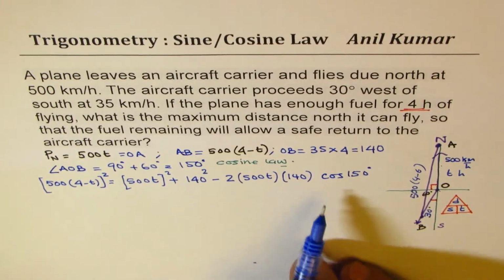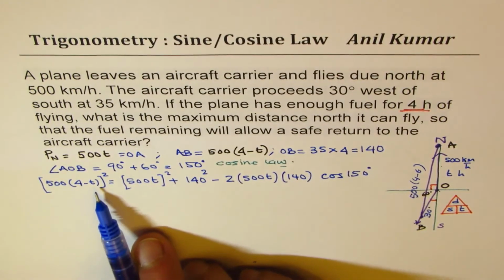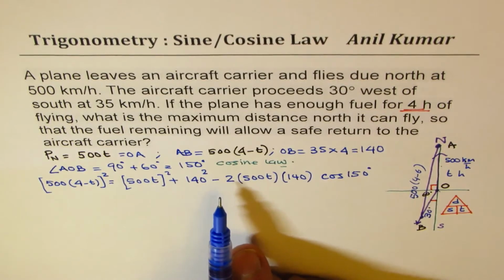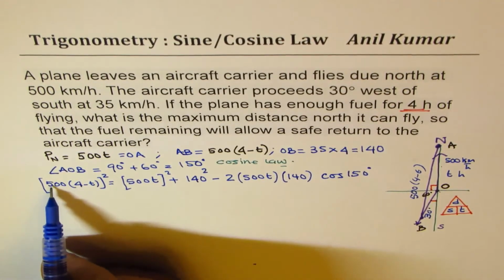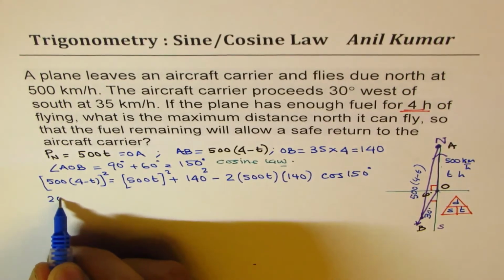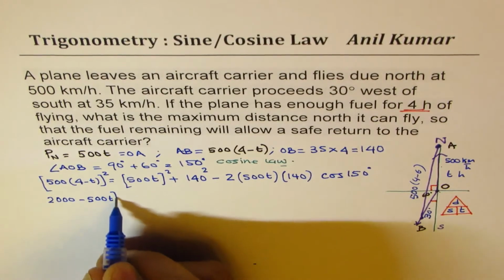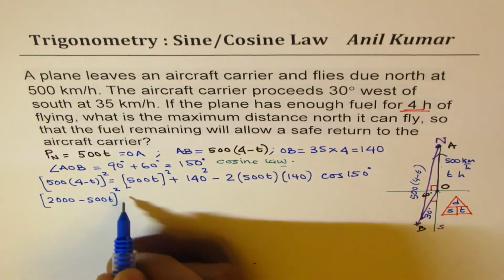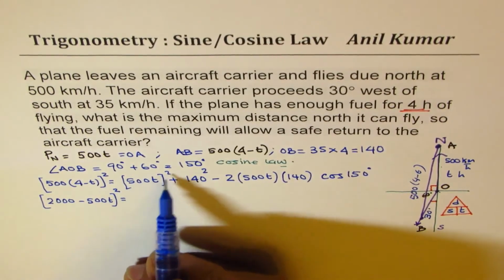So what we get here is an equation in terms of t, right? So we can always solve this equation. So let's open this bracket on the left. 5 times 4 is 20, so we get 220 minus 500t whole square equals to, now we can open all these terms.